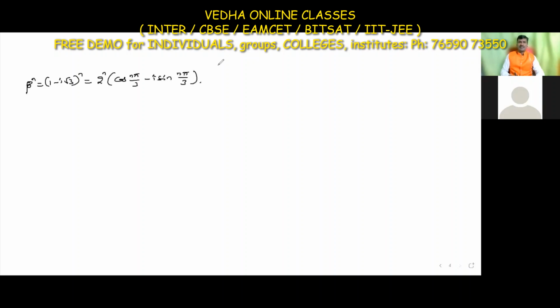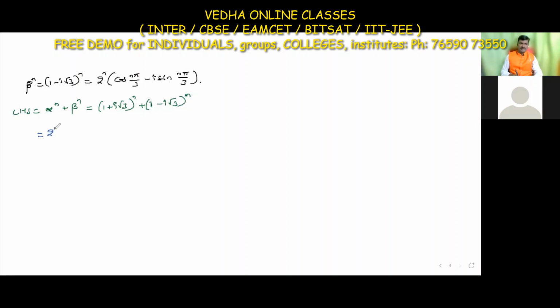Now take the LHS part. LHS is alpha power n plus beta power n, that means 1 plus i root 3 whole power n plus 1 minus i root 3 whole power n. Just now we got the values, so substitute those values.